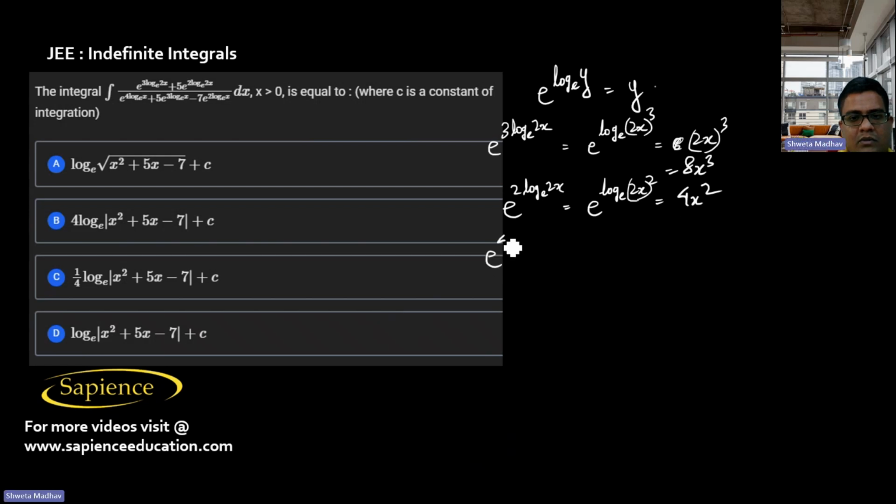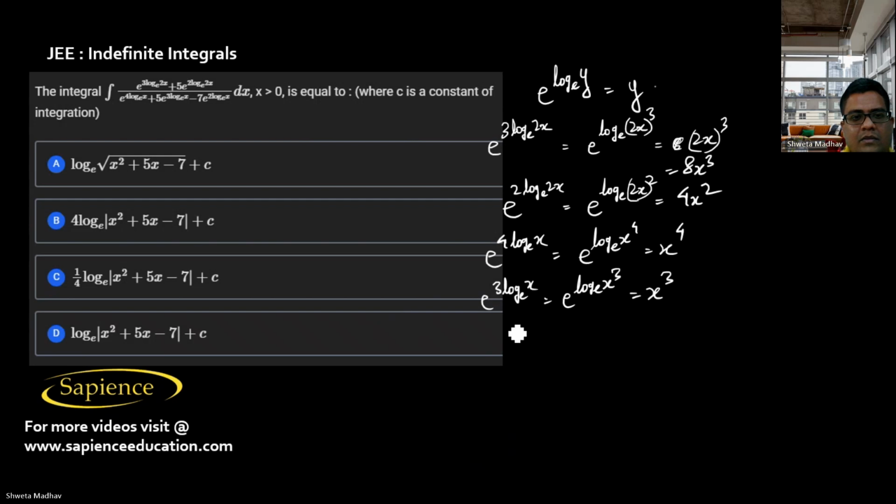And e power 4 log base e x is x power 4, e power 3 log base e x is x cube, and e power 2 log base e x is x square.